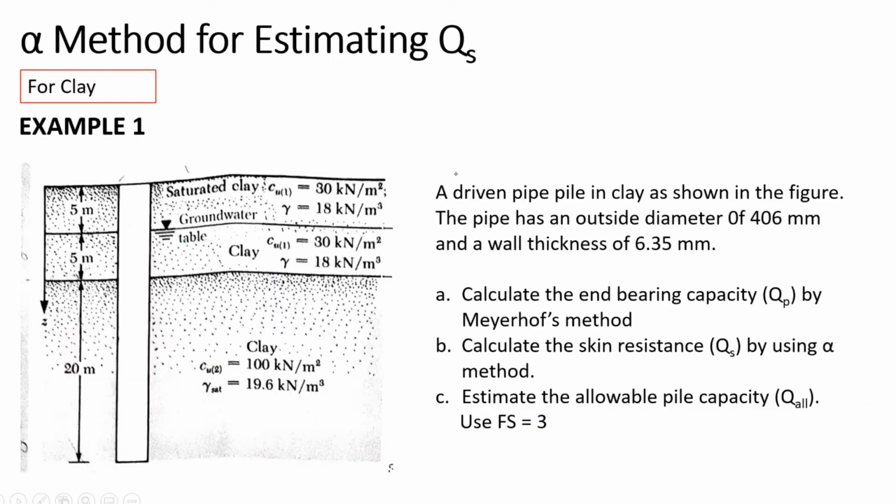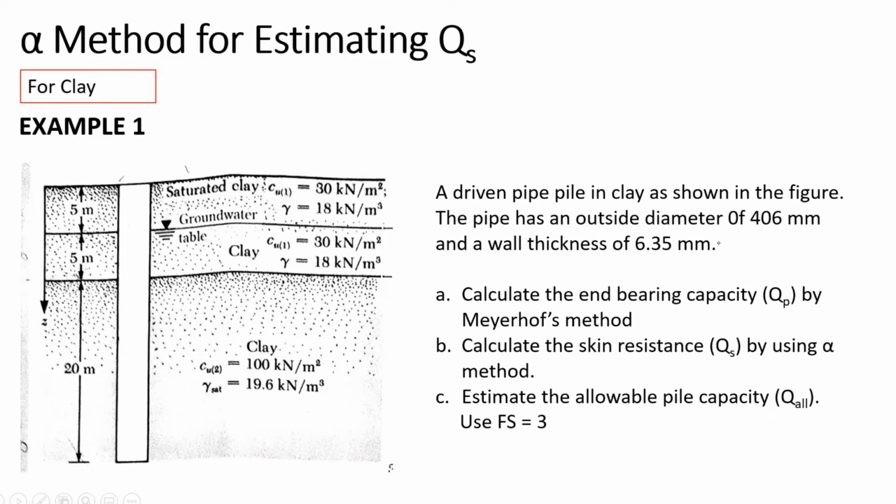So let's take a look at one example. As you can see here, we have 3 layers of saturated clay soil with different thicknesses and different undrained cohesions. A driven pipe pile in clay is shown in this figure.